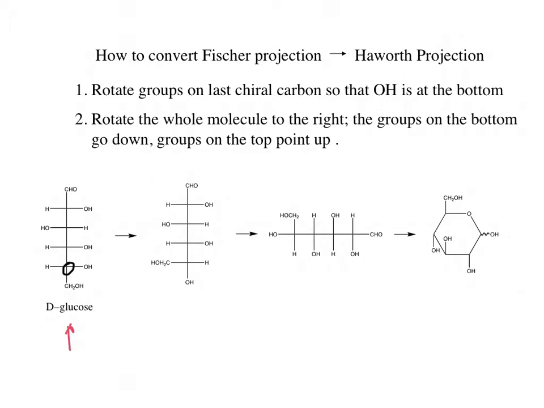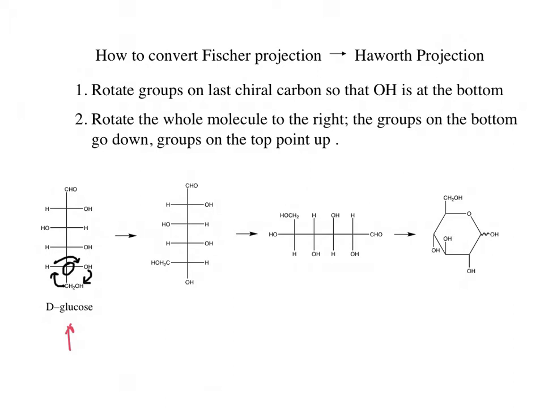So I swung the OH down, the CH2OH rotated up, and the H rotated over. That's like taking a model kit, grabbing that last tetrahedral carbon, and just rotating like this.